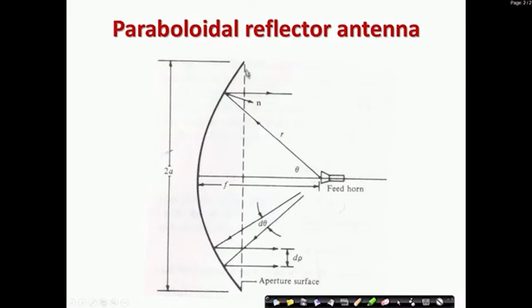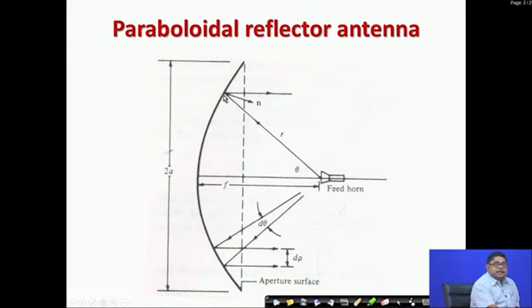This is called the aperture surface. So, actually it is a planar circular disc for this paraboloid. Rays going from this feed, after getting reflected from the paraboloid, become parallel to the axis. Similarly here.